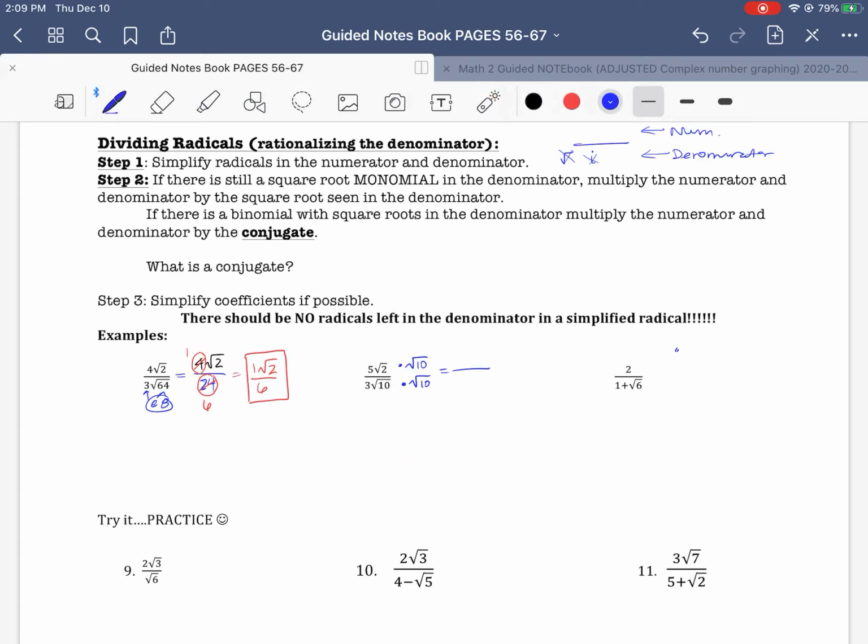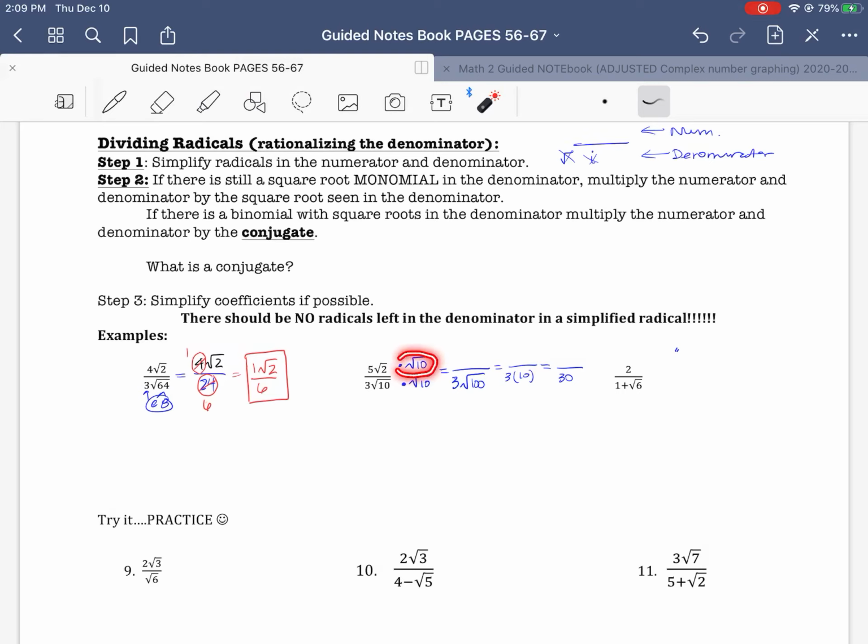So up here, we have 3 on the bottom times the square root of 10 times the square root of 10. That's the square root of 100, and the square root of 100 is 10. I'm going to write out all the steps so you can see where I'm thinking. That ends up just being 30 on the bottom. So we choose a radical, and it's always the radical piece that we need to get rid of, times itself.